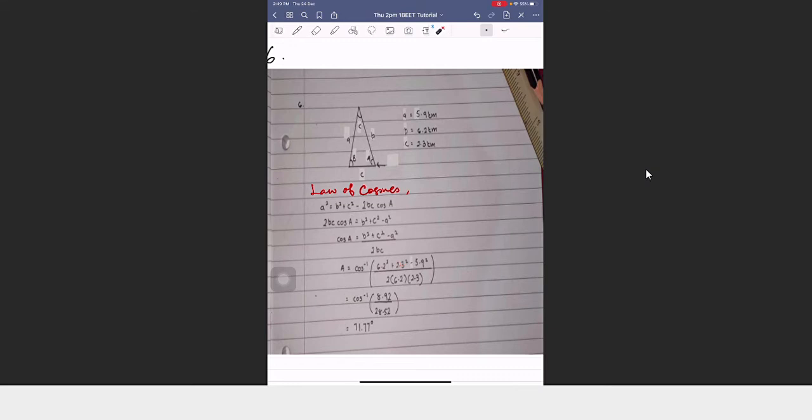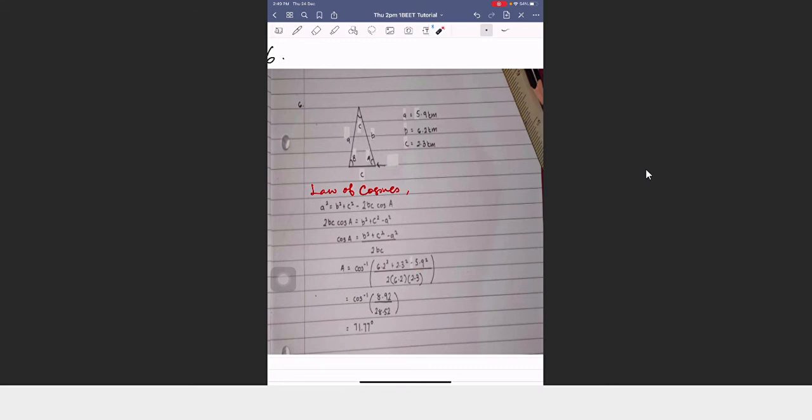This is because you have a formula which is A squared equals this squared plus this squared minus 2 times this times cosine of this. So the formula goes like that. So you have your 6.2, and then your 2.3, minus 5.9.